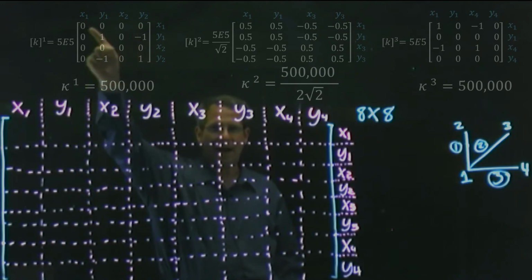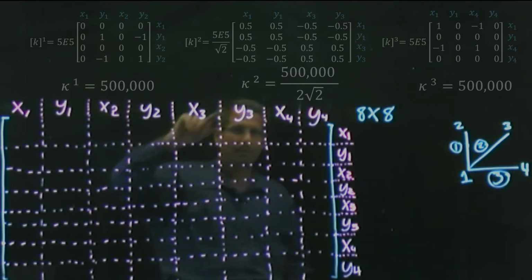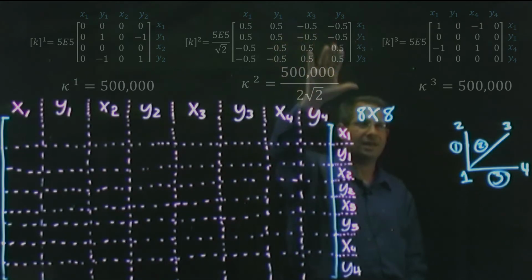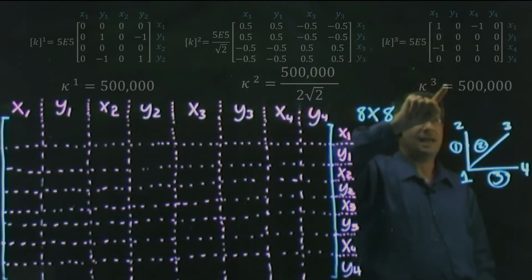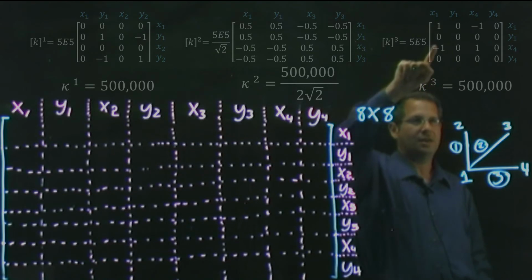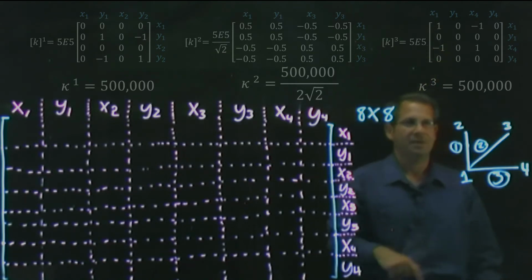That way, I can say everything in this matrix is kappa superscript 1, negative kappa superscript 1, or 0. Same here. Everything in this matrix is kappa superscript 2, 0, or negative kappa superscript 2. And everything here is kappa superscript 3, 0, or negative kappa superscript 3.